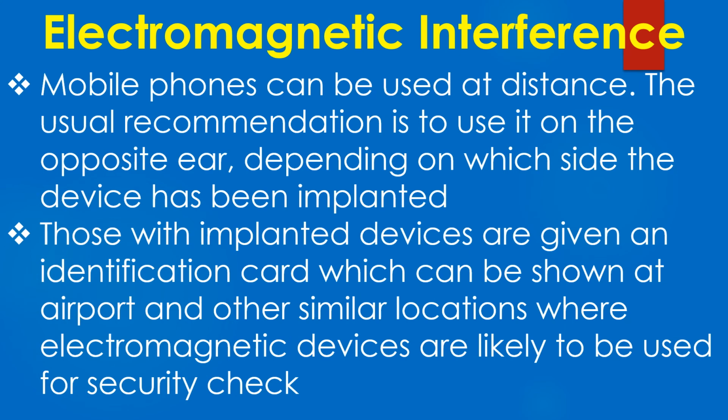The usual recommendation is to keep it on the opposite ear depending on which side the device has been implanted. Those with implanted devices are given an identification card which can be shown at airports and other similar locations where electromagnetic devices are likely to be used for security check.